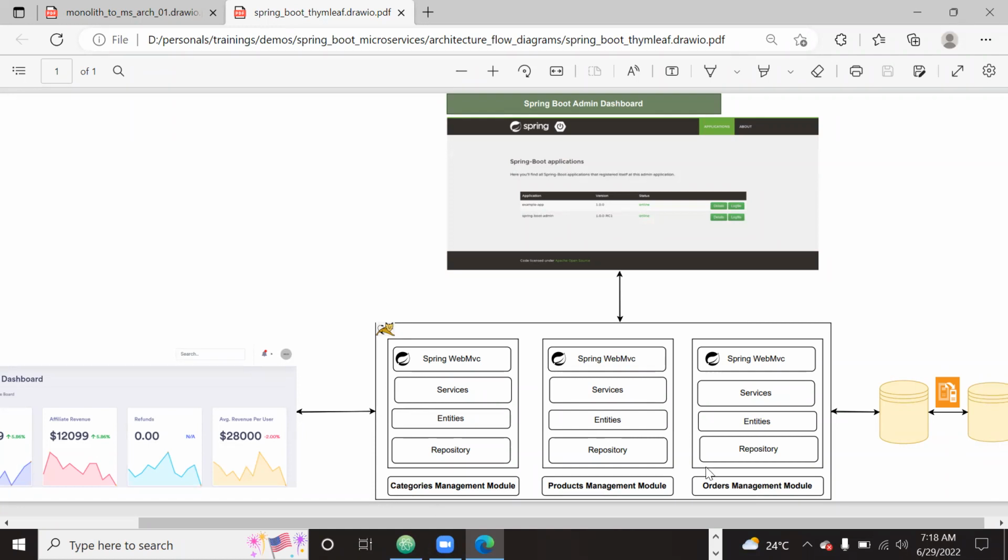Now assume, due to some reason, when the categories module is fetching the data from the database, it got some fatal error.